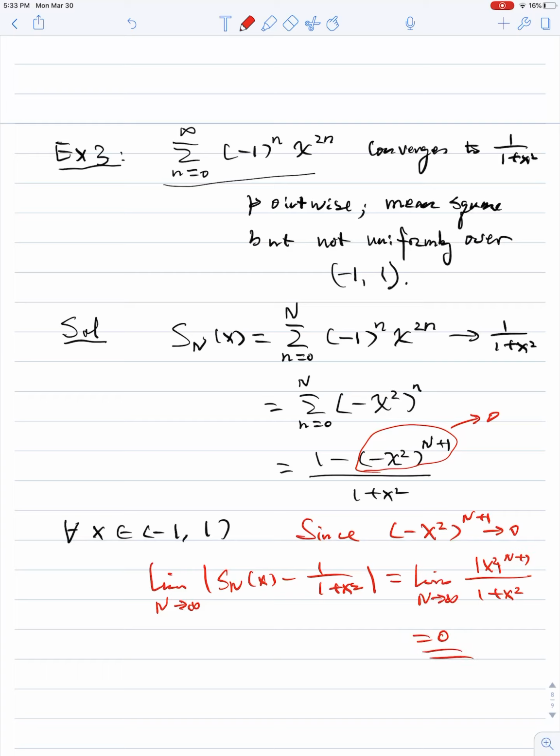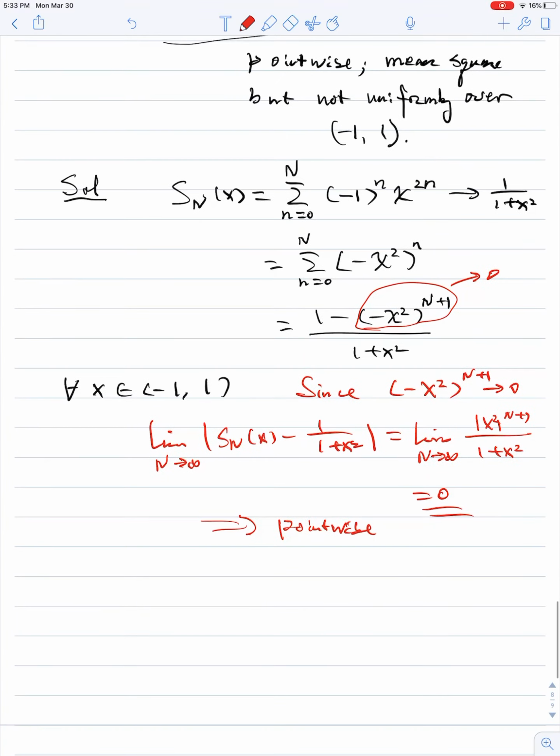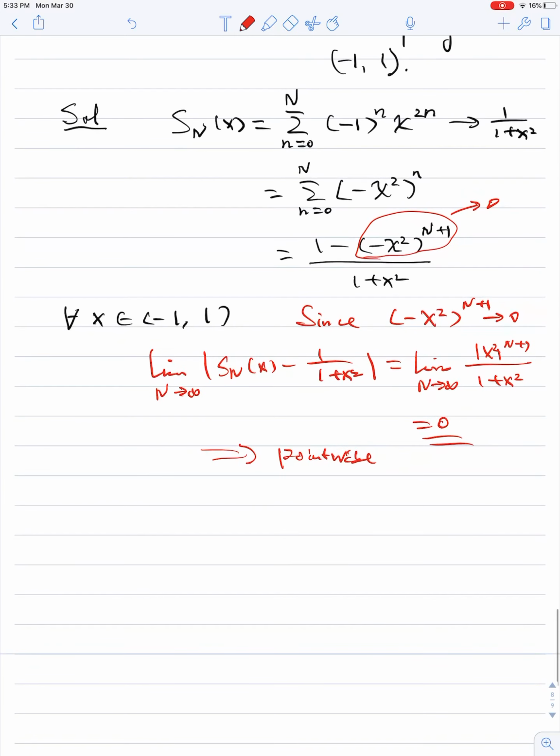Therefore, we have point-wise convergence. By the way, some of you may have learned this kind of concept in Advanced Calculus 1.